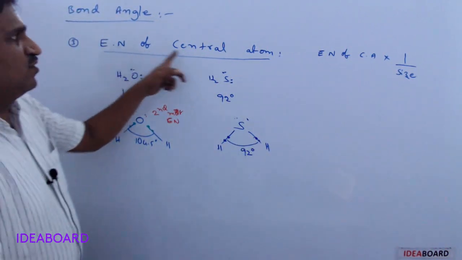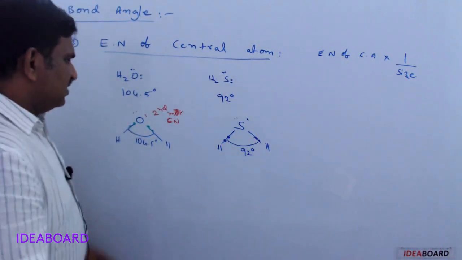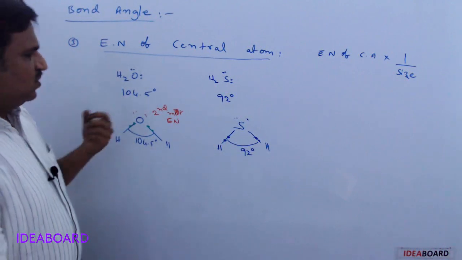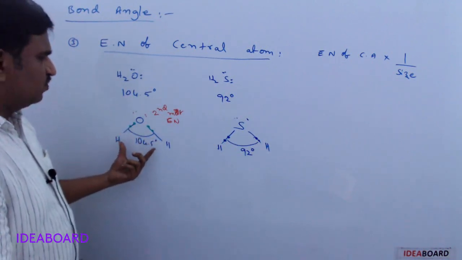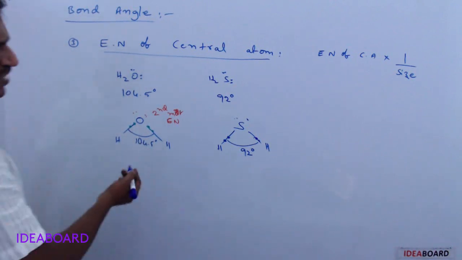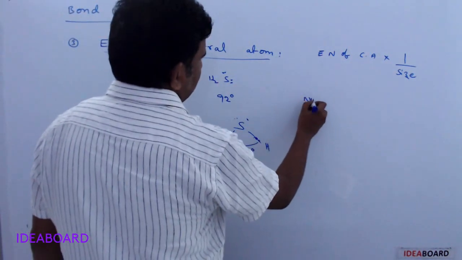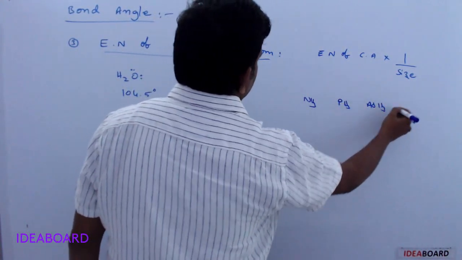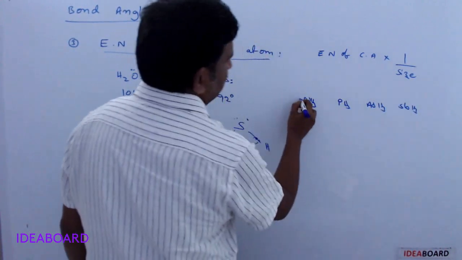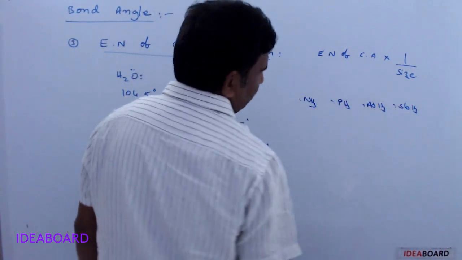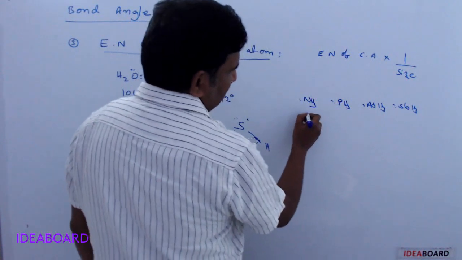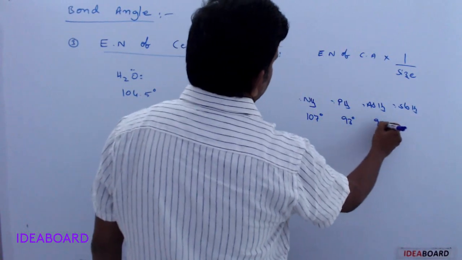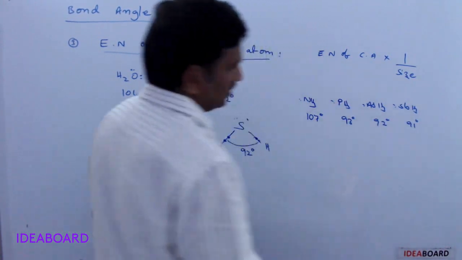Okay, so whenever the electronegativity of the central atom is more, the central atom will try to attract the bond pair electrons also. So they come closer and have more repulsion, so the bond angle increases. In the same way, if you take NH3, PH3, AsH3, SbH3, in these molecules also, all have only one lone pair, but here it is nearly 107 degrees, then 93 degrees, 92 degrees, 91 degrees.